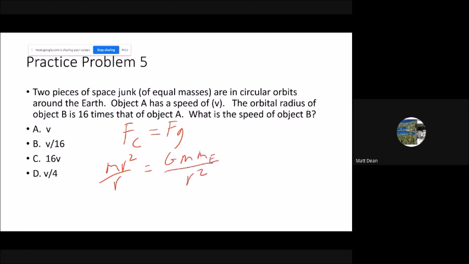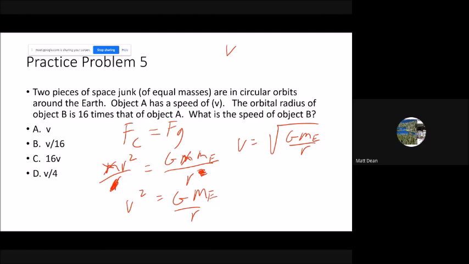Solve that out for velocity. The masses of the object cancel. You're going to need to multiply both sides by r, which cancels out this r right here. So we end up with v squared is equal to G Me over r, which means v equals the square root of G Me over r. The original satellite has a velocity of v.